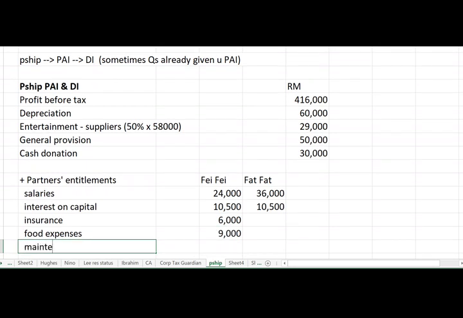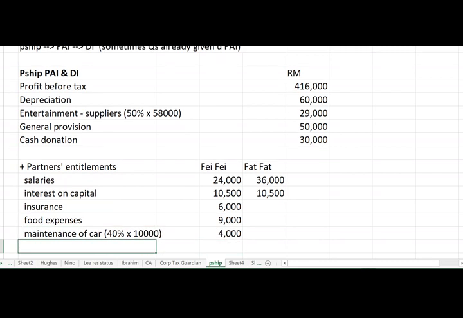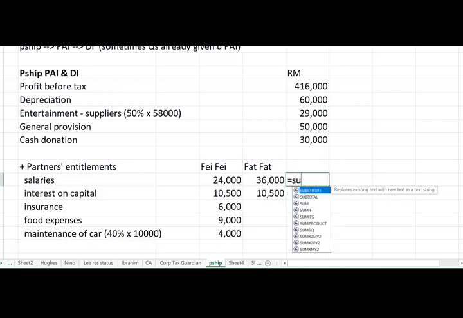And then you have maintenance of car. The car is used by the partner, so we just penalize that partner. So that maintenance is 40%. How much is the maintenance? 10,000. So there will be 4,000 to be added back. This will be the amount that we will just add back. So I'll just take a summation of this, and let's just pull it all down.